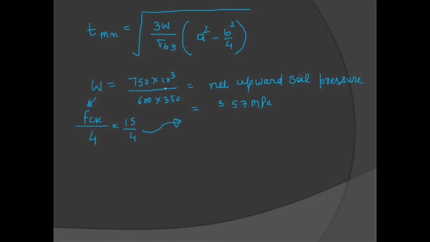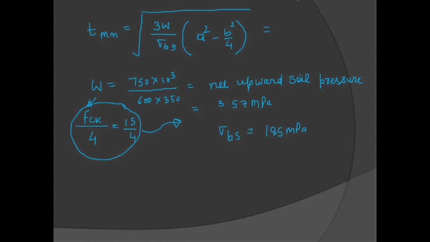This is another alternative to calculate the net upward soil pressure when the area of the base plate is not given to you. Now this is the net upward soil pressure if the area is fixed, 3.75 megapascal. Now, for the minimum base plate thickness, if sigma bs is not given, you have to assume sigma bs as 185 megapascal. That is the bearing stress in the slab base if it is not given.